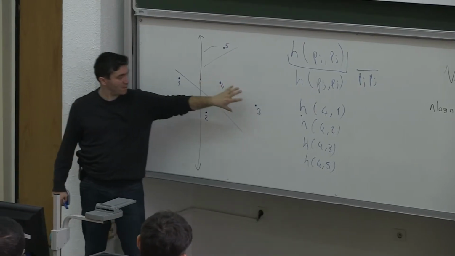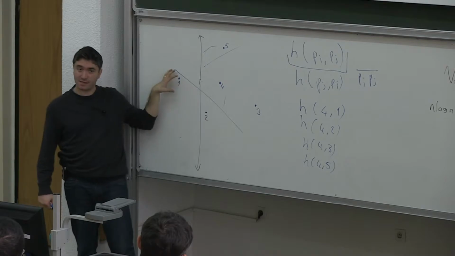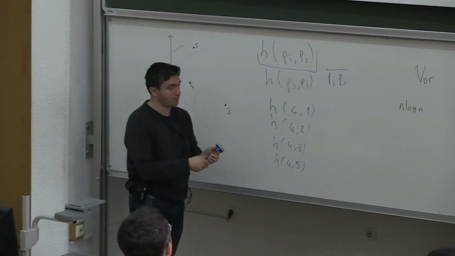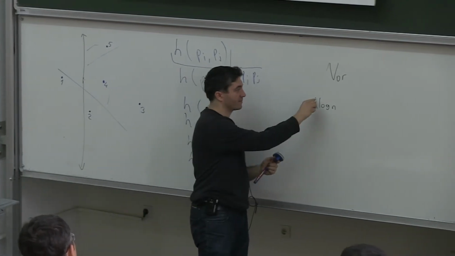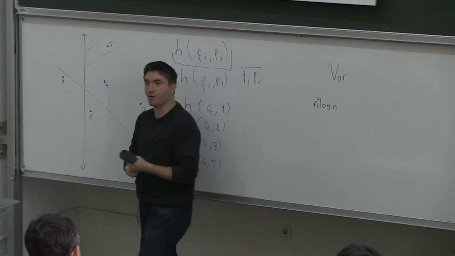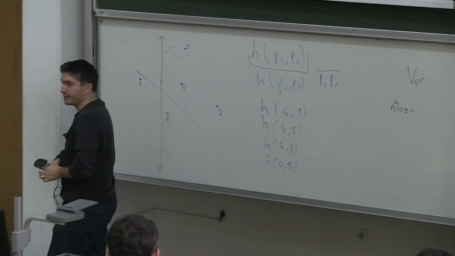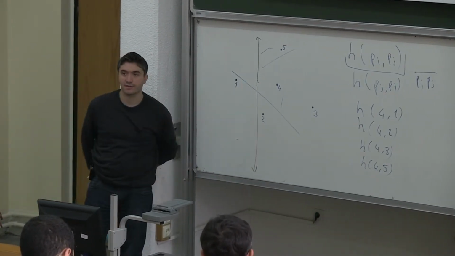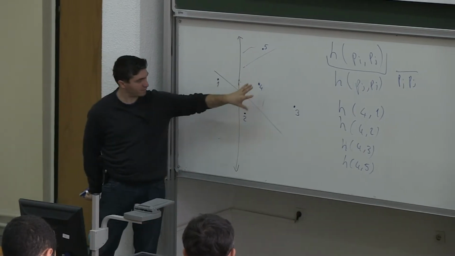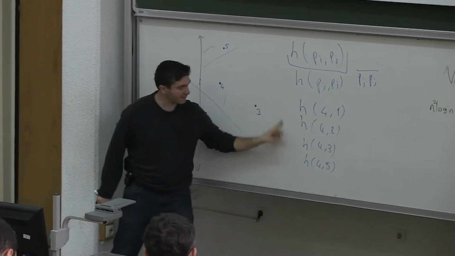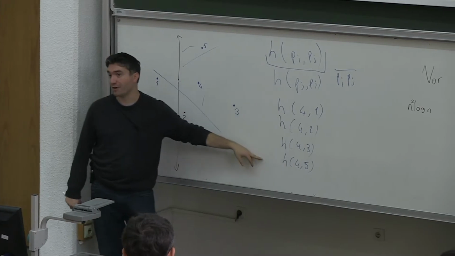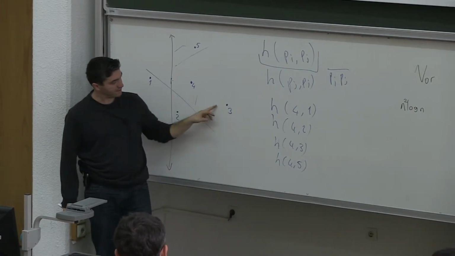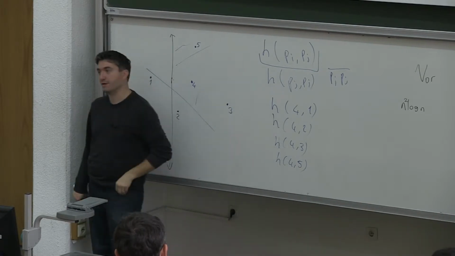And if we do it for all the sites separately, in n square log n time, I can compute the Voronoi diagram. If you find the Voronoi cell of each site by intersecting its half planes, by intersecting these half planes we find the Voronoi cell of 4, and by intersecting the half planes of this site, I'm going to find the Voronoi cell of 3.